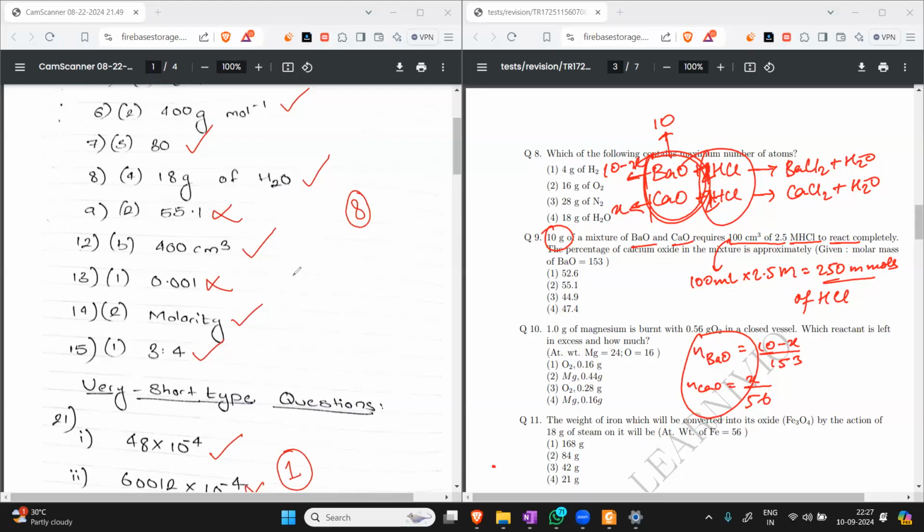So we can say the total number of moles that we have is (10 minus x) divided by 153 plus x upon 56. Can you calculate this one? 560 minus 56x plus 153x divided by 153 into 56.